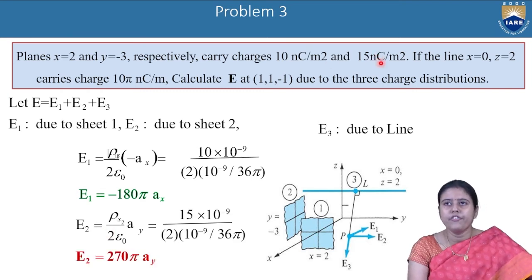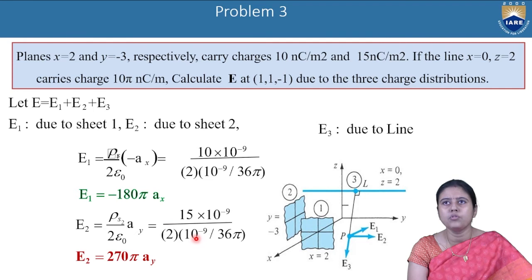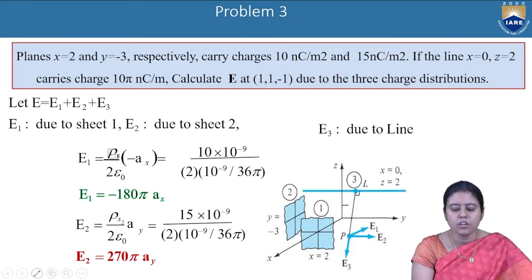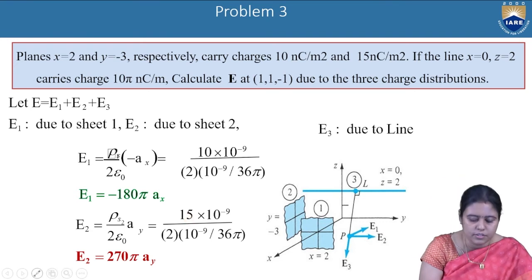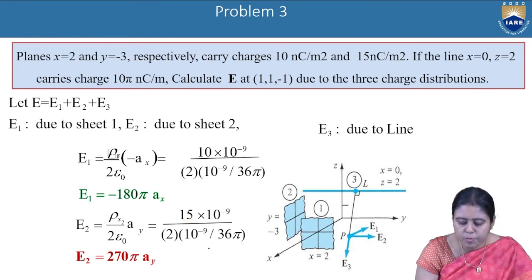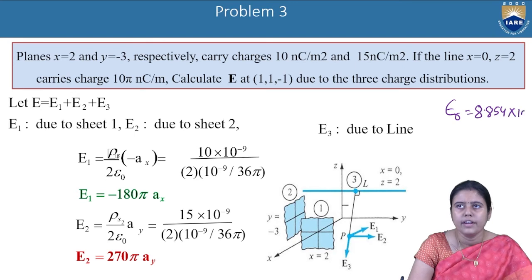It is given 15 nanocoulomb per meter square. 15 nanocoulomb per meter square by 2 into 10. Similarly, if you want, you can also put epsilon 0 is equal to 8.854 into 10 to the power minus 10.